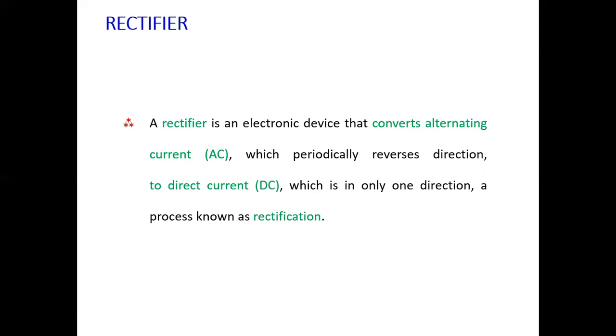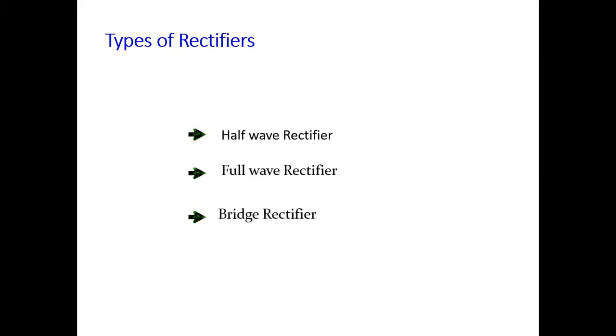A rectifier is an electronic device that converts alternating current, which periodically reverses direction, to direct current, which flows in only one direction. A process known as rectification. There are three types: half wave rectifier, full wave rectifier, and bridge rectifier.